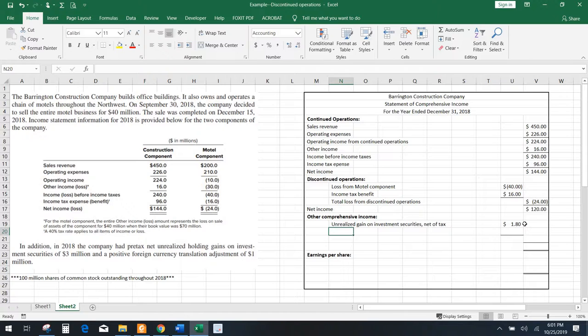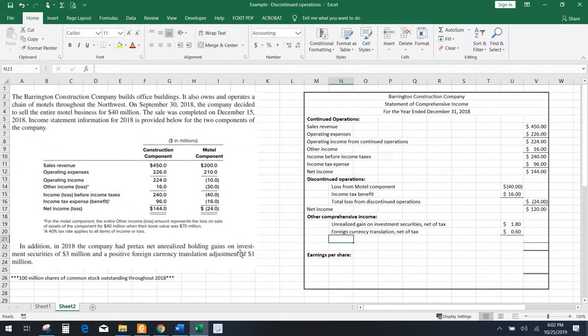And then we also have a positive foreign currency translation adjustment of 1 million. So foreign currency adjustment, net of tax, and that equals 1 times, once again, if we're paying 40% tax, we're only going to get 60%, so it's 0.6.